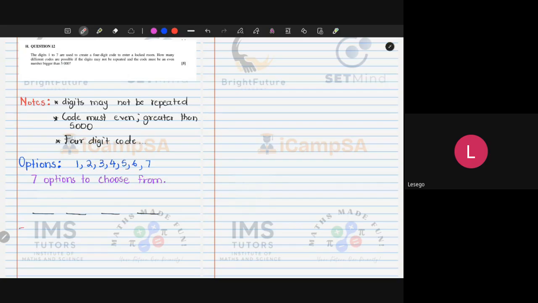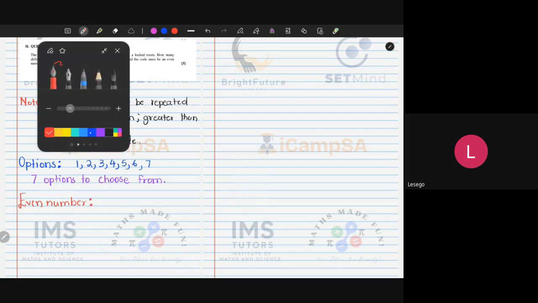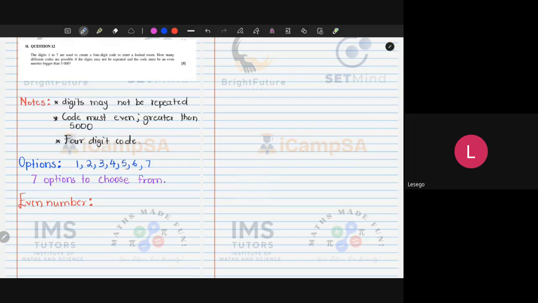We can start there, because they said the code must be even. If you remember, an even number is a number that is what? Anyone, guys? I'll give it to you. It is a number.